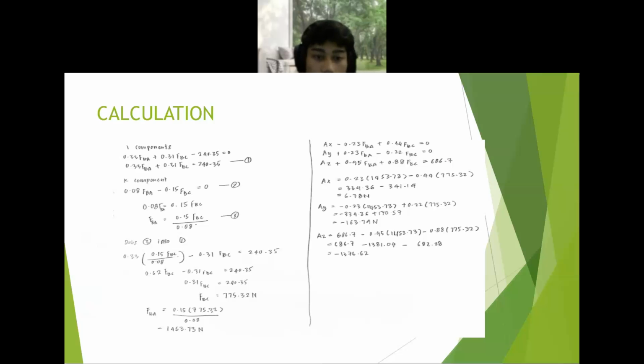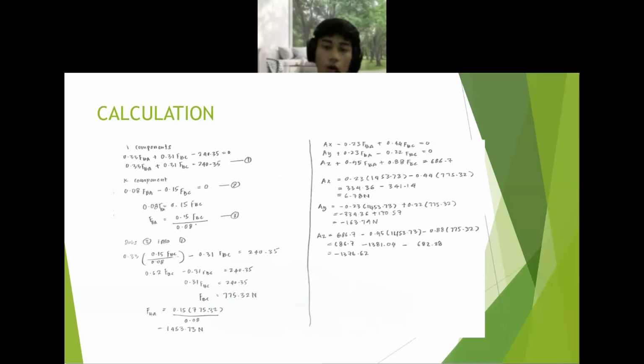And for the third equation, FBA equals 0.15 FBC divided by 0.08. After we get these three equations, we substitute the third equation into the first equation to find the forces BC and BA. We get the answer for force BC as 775.32 Newton, and for FBA we get 1453.73 Newton.